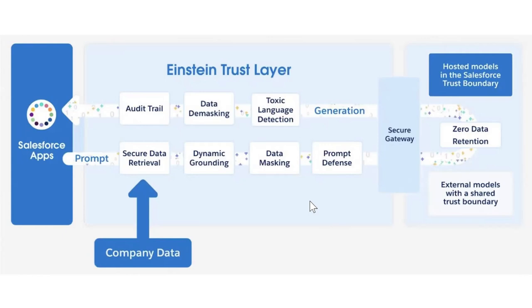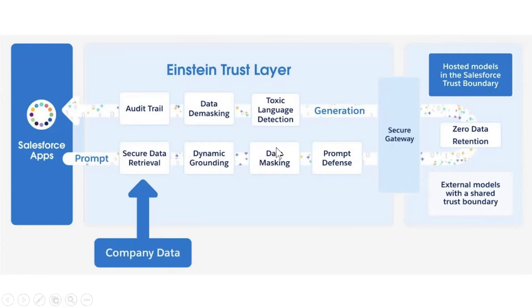After the response, what happens? We have toxicity detection. Any generation from those models is scanned for toxicity and bias. It helps flag hate speech and negative prompts. Then we have data demasking.